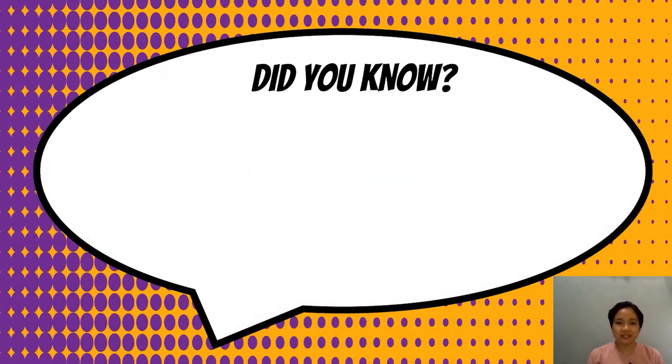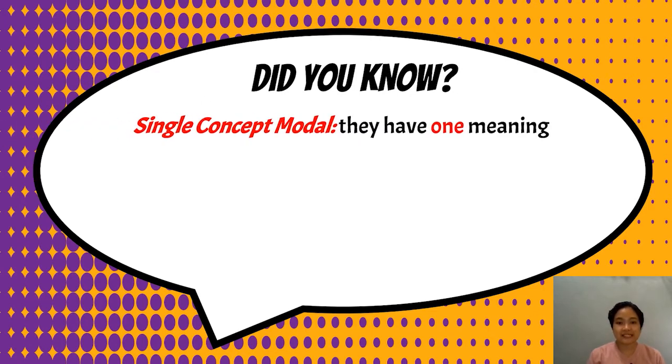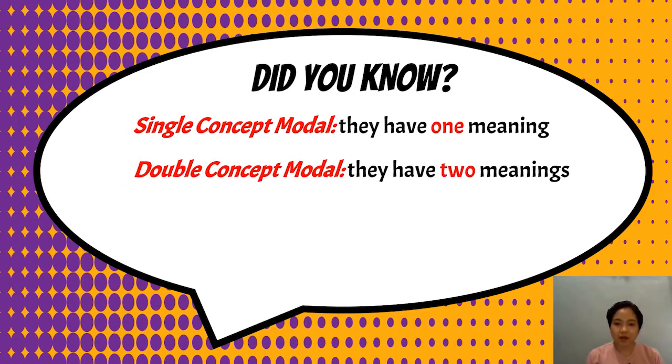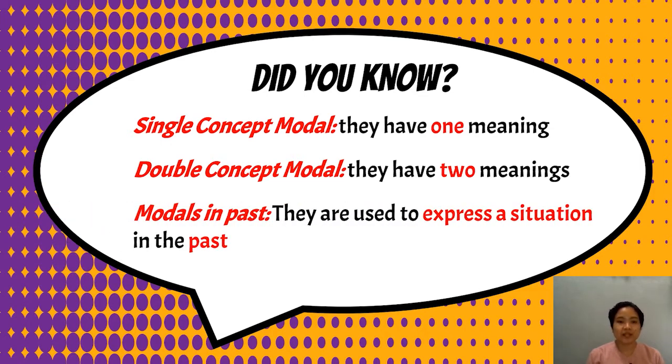Let's begin with single concept modals. These mean they have one meaning. Double concept modals have two or multiple meanings. Modals in the past are used to express a situation in the past.